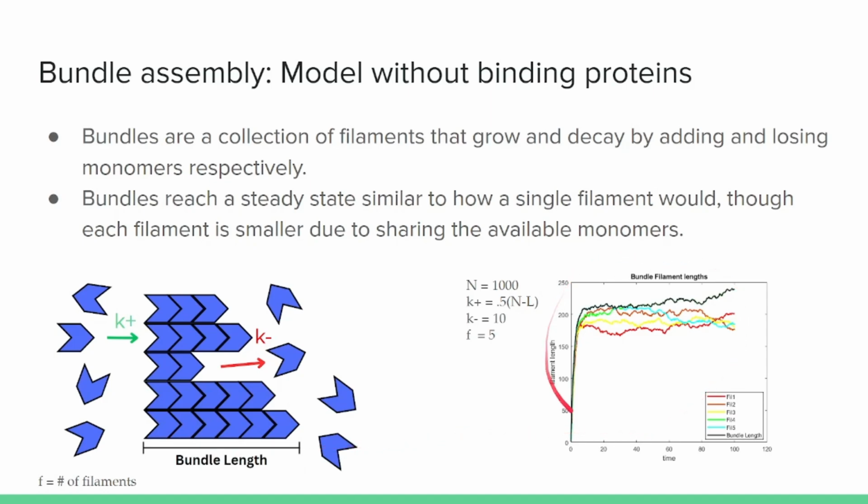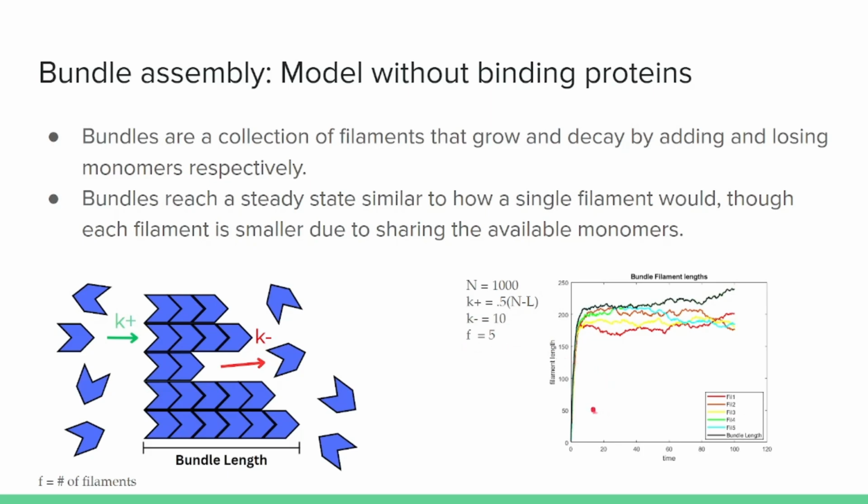It's shown here in this schematic, which is a simulation of a bundle where we have 5 filaments, and we also track the bundle length using the same parameters from the previous slide, except now since we have a bundle, we have to include F, which is going to be equal to 5 since we have 5 filaments.